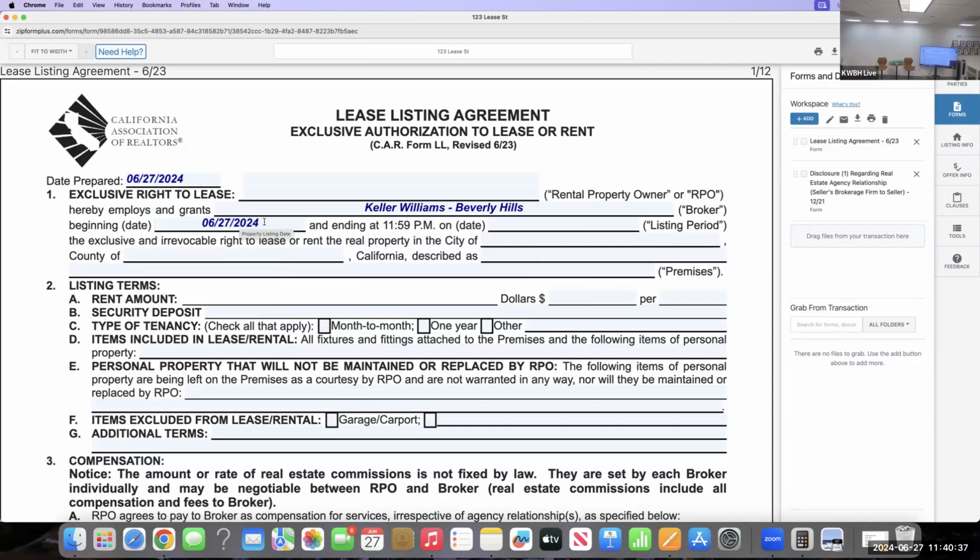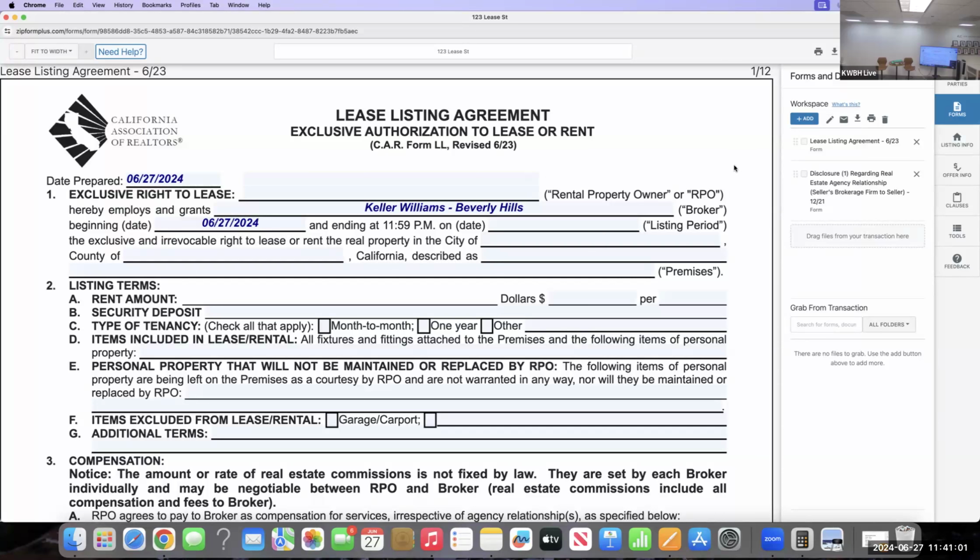The fear about post dating anything on a listing is that someone can come in for your start date and steal this, and you're not entitled to anything. So you always want to start the list date today. On a lease, you're not so worried about anyone stealing anything, but on a sale, if you're listing a property for sale, you definitely want this to start today, 100%.